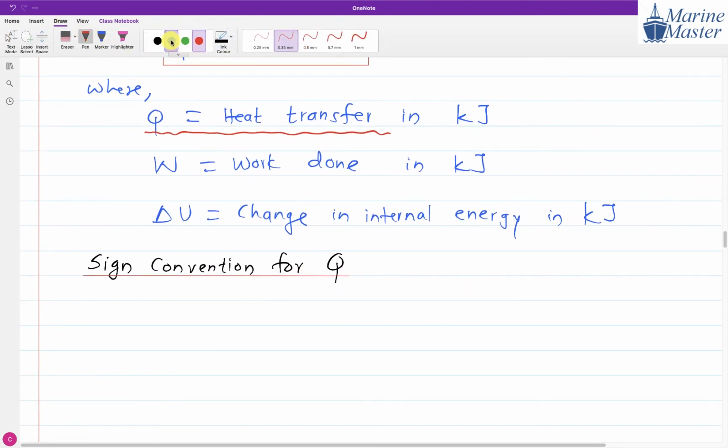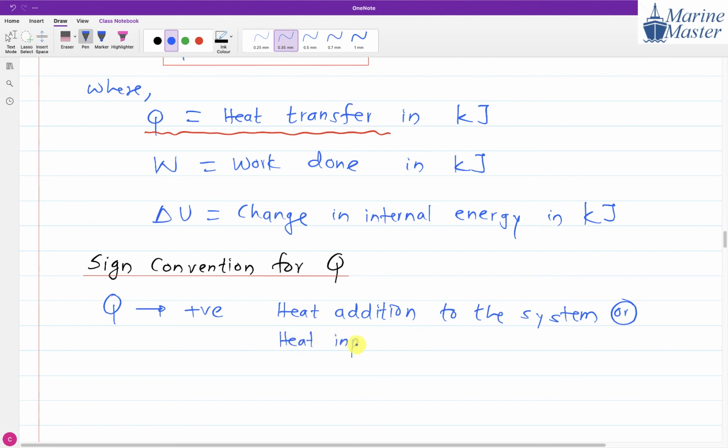If you get a value of Q positive, it means heat is added to the system, in other words heat input. Heat addition means heat is coming into the system.